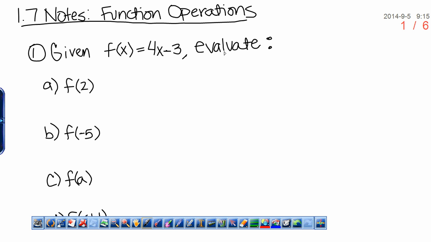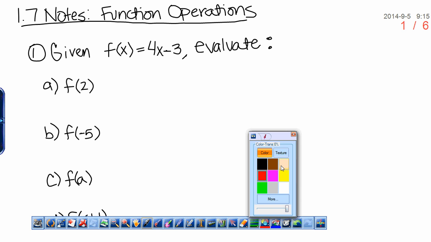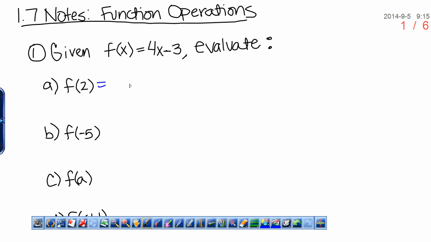Okay, so let's start off kind of simple. F of 2. What does that tell me to do? Good. Plug 2 in for x. So this becomes 4 times 2 minus 3. What does that give us? 5.